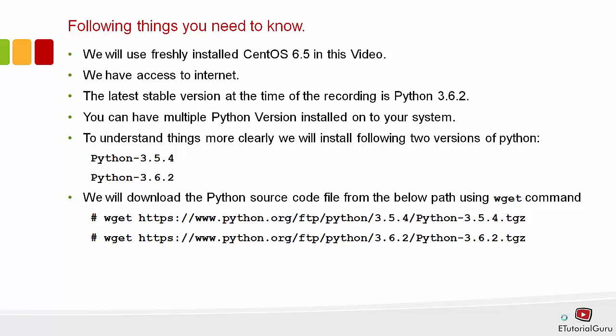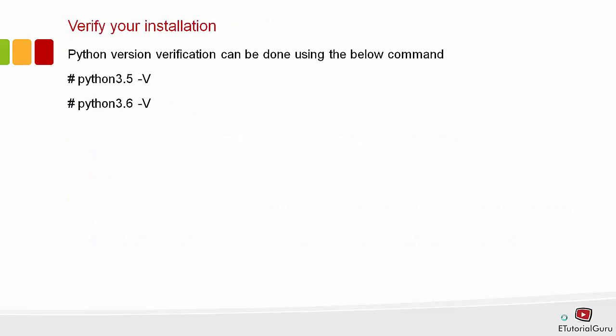To understand things more clearly, we will install following two versions of Python, that is Python 3.5.4 and Python 3.6.2. We will download the Python source code file from the below path using wget command. After the installation, we will check and verify whether our selected versions has been installed or not.